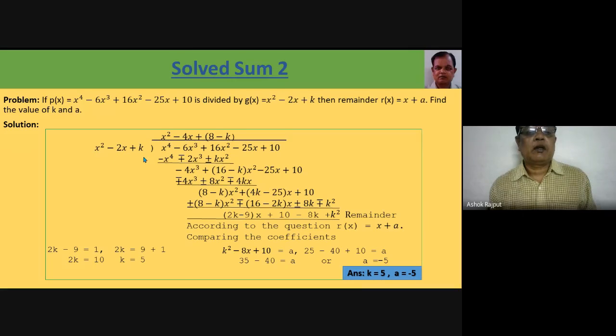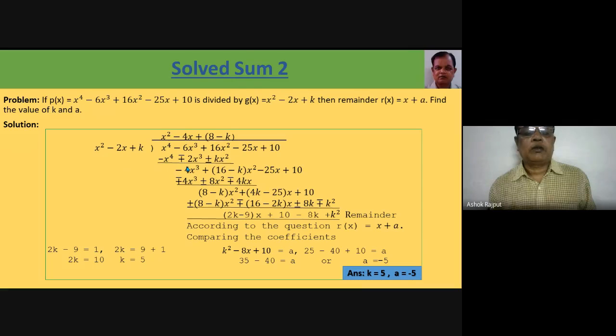Then we divide: it is greater by x square, so we multiply all three terms by x square. As we have multiplied and written, it is x raised to the power 4 minus 2x cube plus kx square.